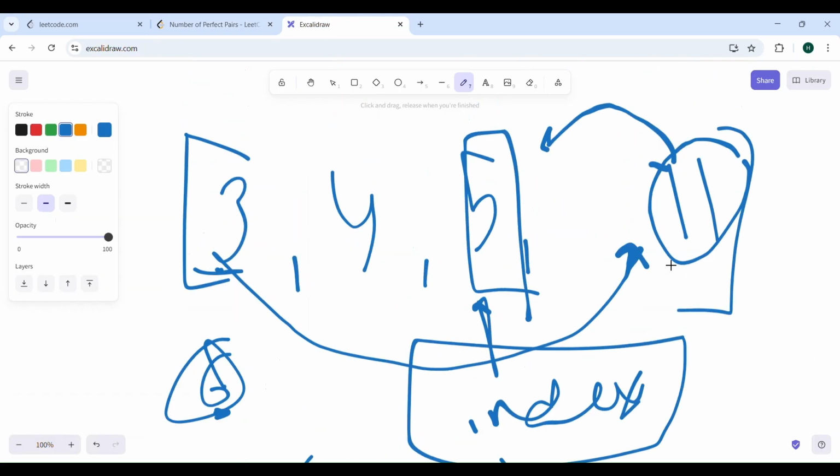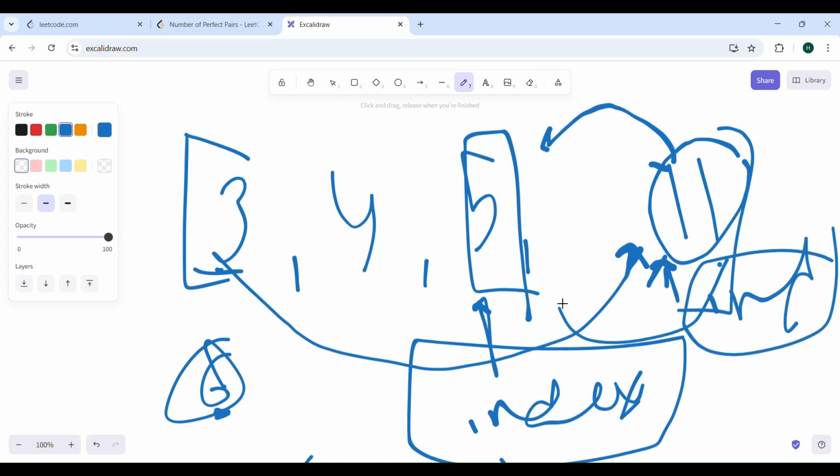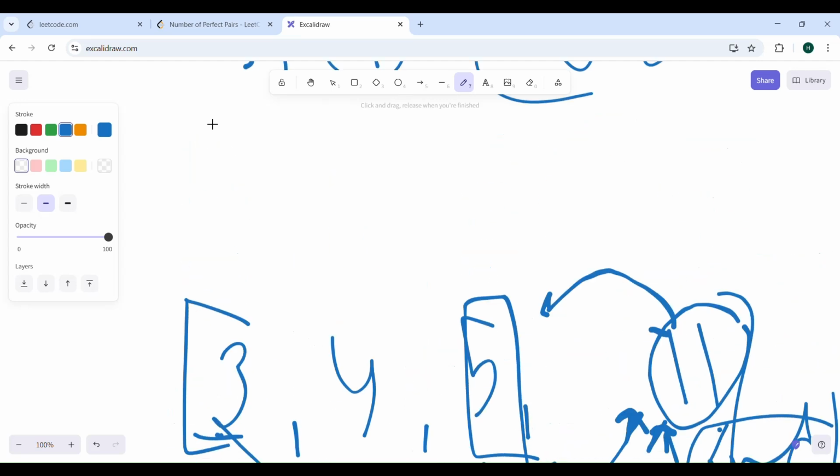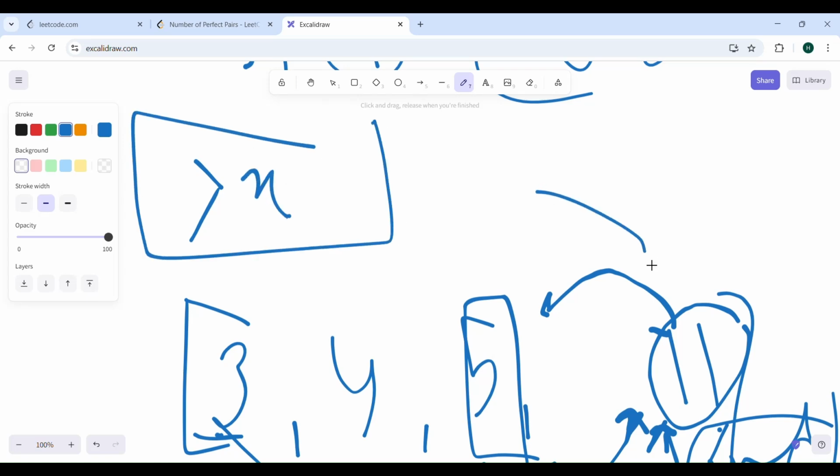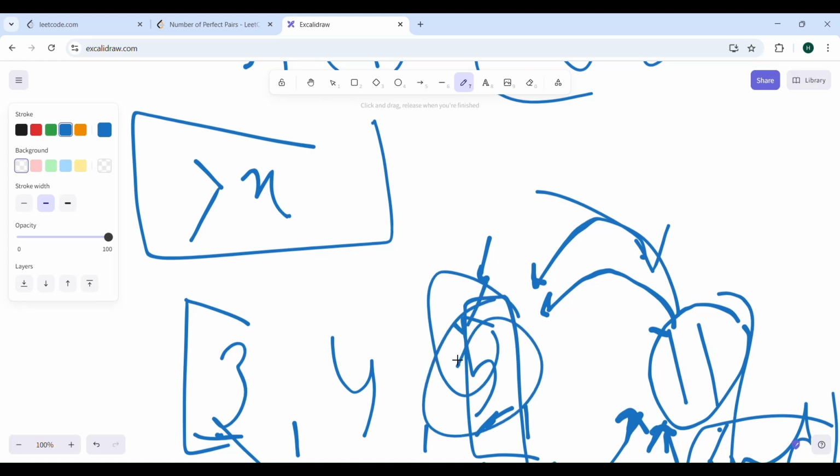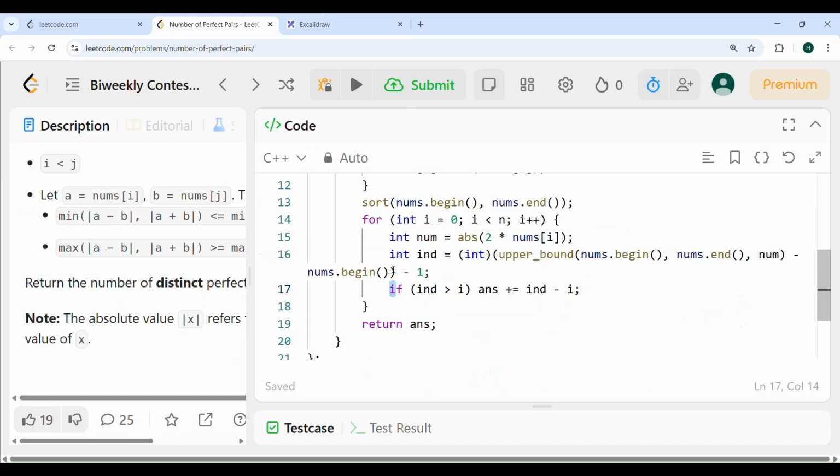Because let's say you reached 11, this will be the index which you will get in your upper bound, and you can traverse -1. See, what does upper bound give me? Upper bound gives me a value which is greater than x. So it will throw me at 11. But I can definitely go just behind 11. What is just behind 11 in my array? 5, and my upper bound will never give me this, because 6 is definitely greater than 5. So this value will never come in upper bound. Therefore I can do -1 on it. So that's why I have done a -1.